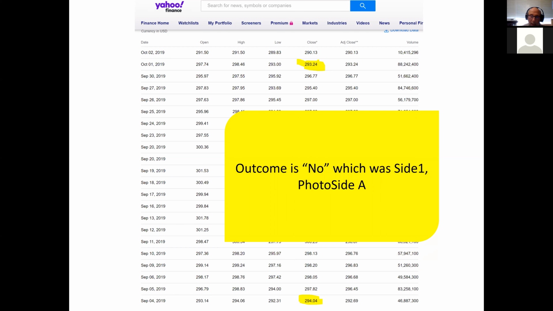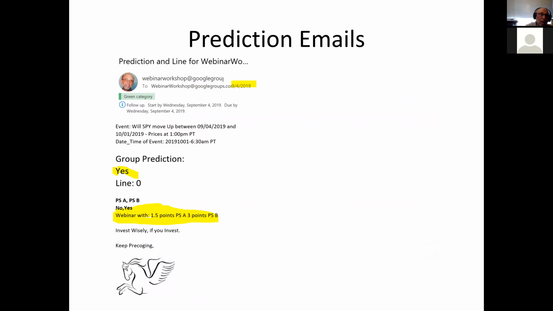So the question we asked, would it be up between those two days? And the outcome is no, which turned out to be what we call side one in the most general sense, but that's now photo site A, not photo side A. That's photo site A. Previously, I had sent out this prediction, and it predicted based on the group, which was a yes.